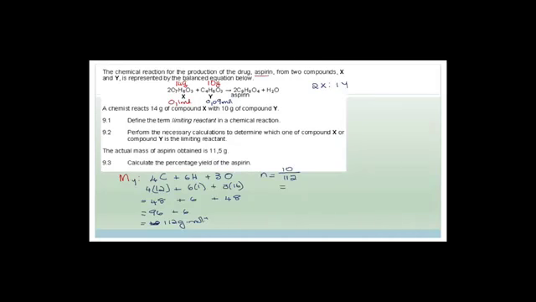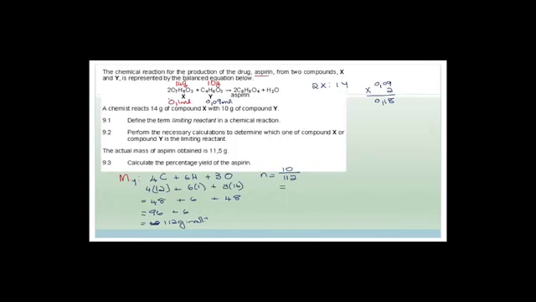So if we look at this 0.09, if I multiply it by 2, do you agree that gives me 0.18, which is more than what I've got. So therefore, Y is not my limiting reagent.